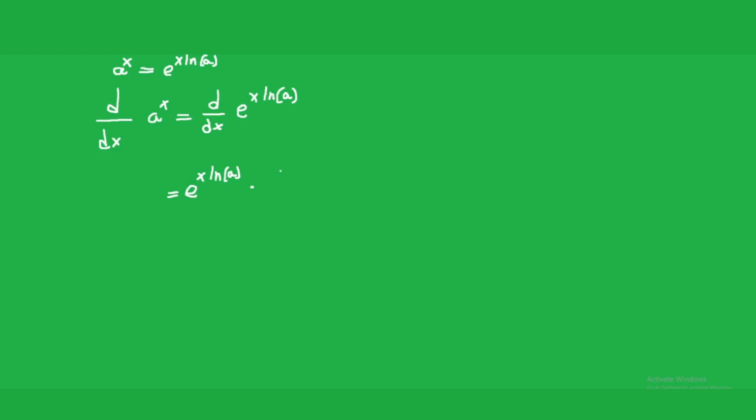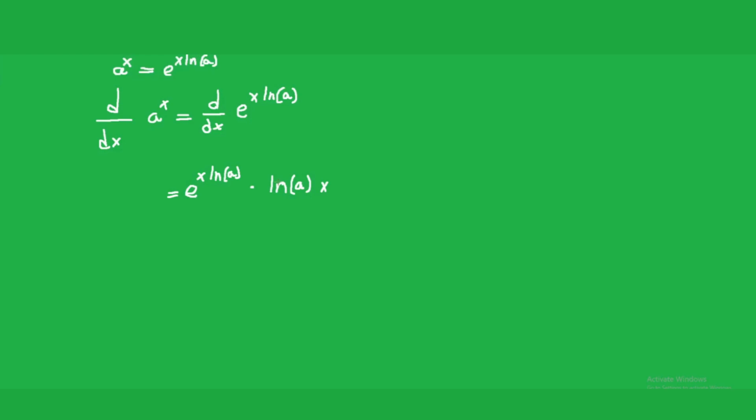The natural log of a itself is going to be a constant. So we're just going to have the natural log of a here, because really it's the natural log of a times x, and we're considering this as a constant because it is a constant.